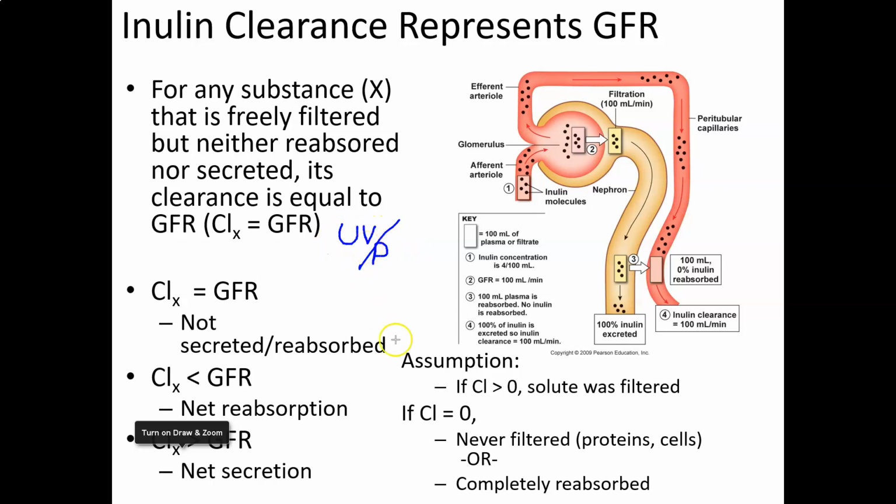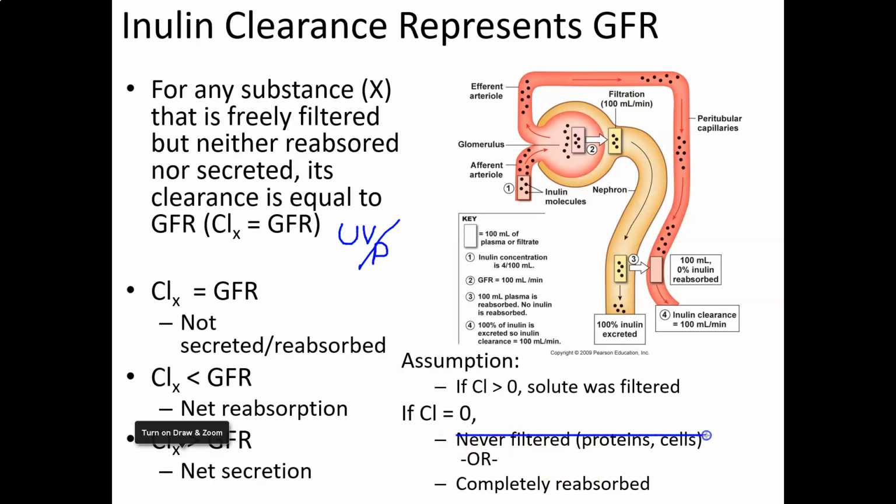So if the clearance is 0, it could be that either the substance was never filtered in the first place, like proteins or your cells, or it was completely reabsorbed. So that substance was filtered originally, but then our body reabsorbed all of it. Those two ideas, we'll just assume everything is filtered.